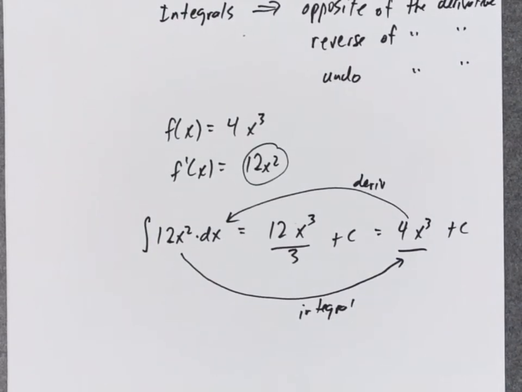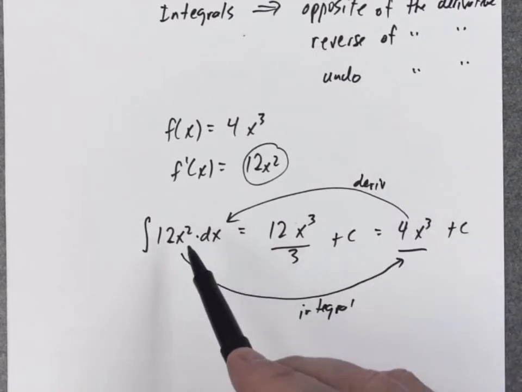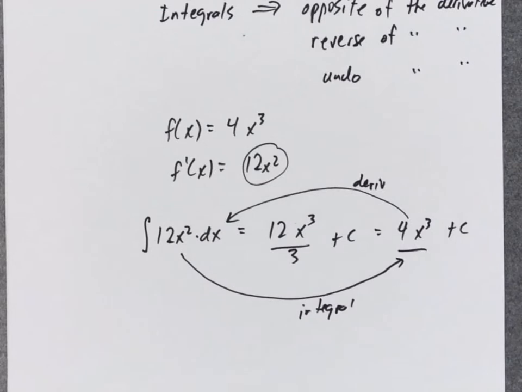So anytime you're doing these integration problems, especially on a test where you really want to make sure you didn't make any mistakes, if you take that answer and then take the derivative of it, you should get back to what you started with. So you can always check your work.